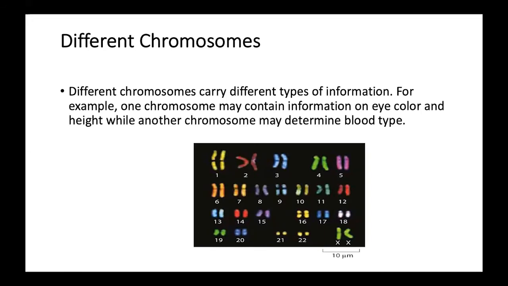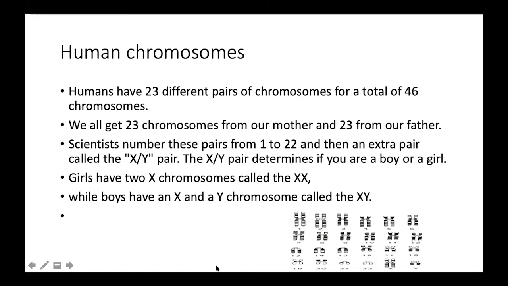Okay, specifically, let's discuss the human chromosomes. As we said, chromosomes are usually in pairs and they look like little worms or the letter X. It means that we have 23 pairs of chromosomes and a total of 46 chromosomes.